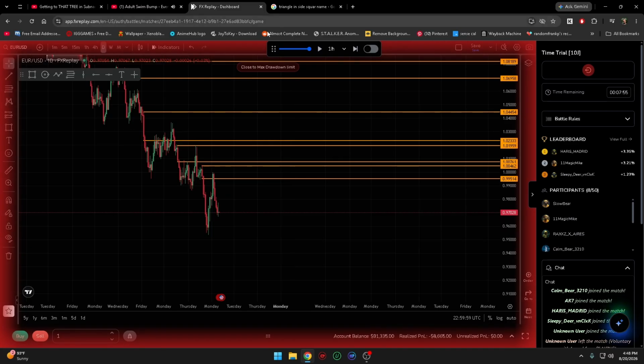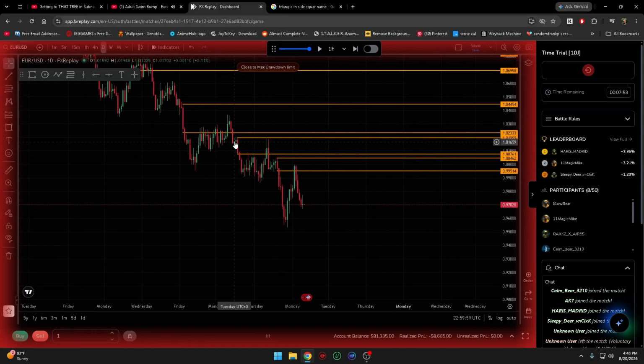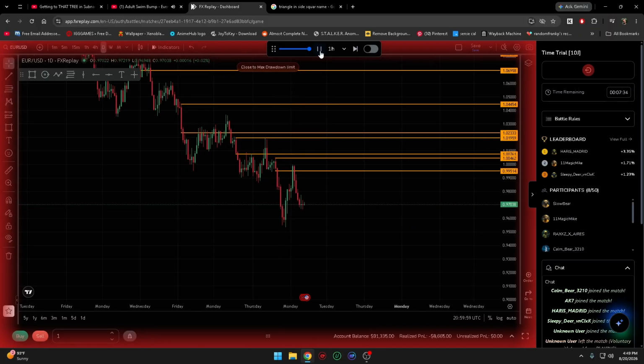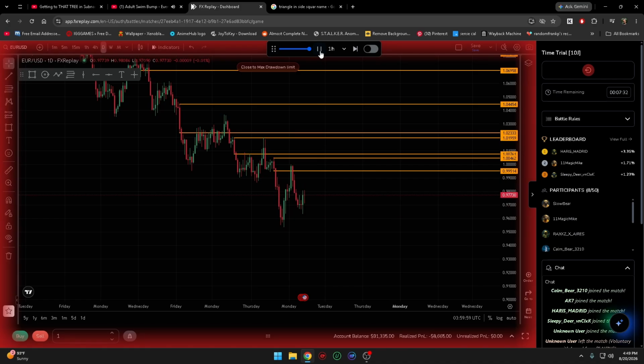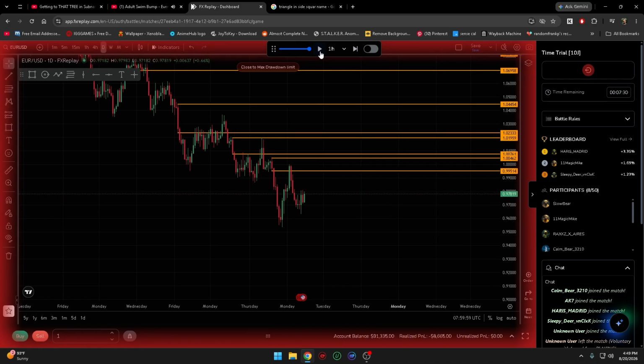Because as you see, like this one right here, it's balanced at the tip right there, but nah, it's balanced right here as well, but nah. You can say it's balanced, but then it comes back, balances again, then runs.